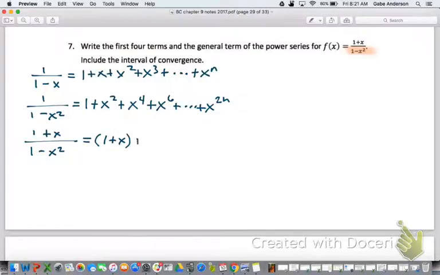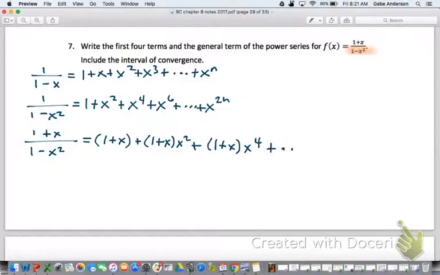And then 1 plus x times x squared would look like this. So on and so forth. And if it's okay with you, I'm just going to stop right there at the x to the fourth. You'll see what I'm talking about in a second.